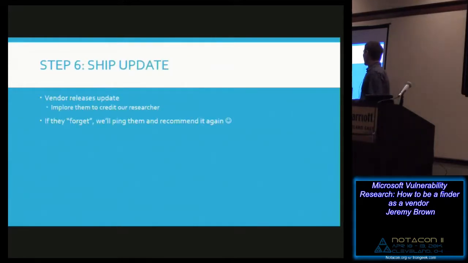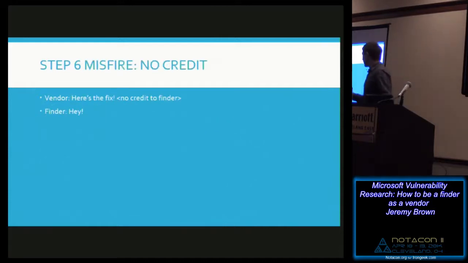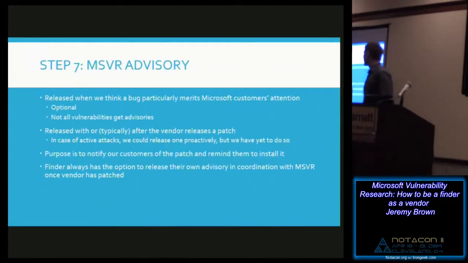So, ship update. The vendor releases the update. We hope they credit the researcher. If they don't, we'll try again. With no credit, the finder's like, hey, I helped you fix this bug, and you could at least say thanks or something. And then the MSVR advisory. It's optional, but they usually come out.